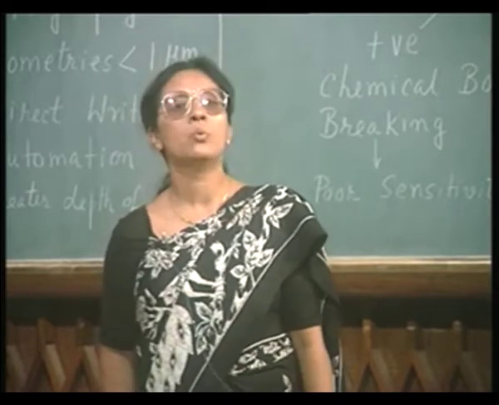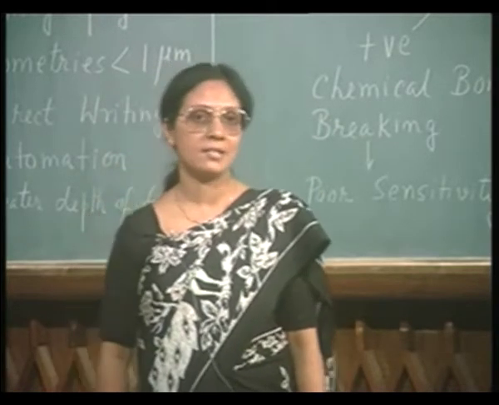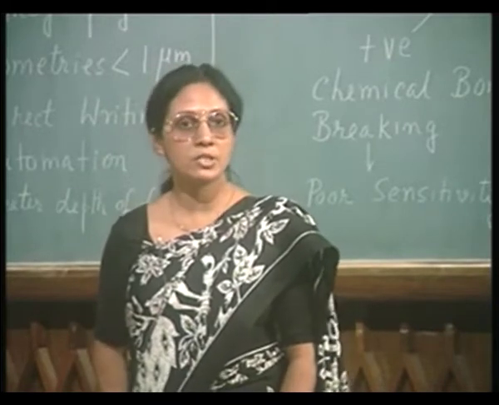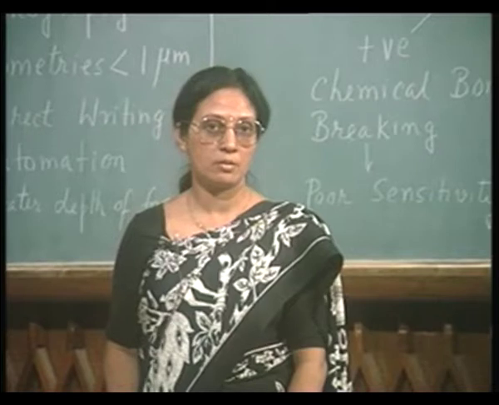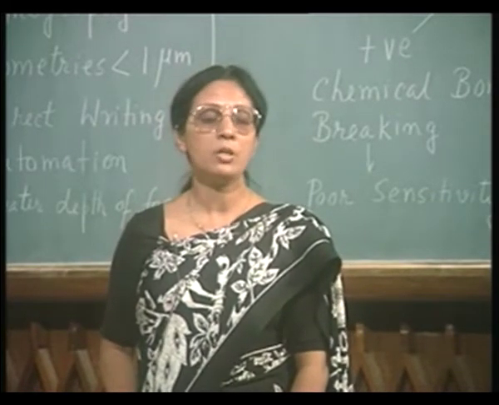In doing so, we have to coat the semiconductor surface with a resist material which is sensitive to the type of radiation that is being used. According to the type of the resist, we can call it either a positive resist or a negative resist.